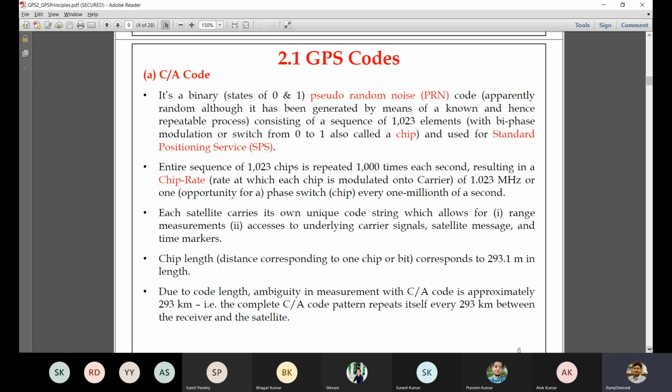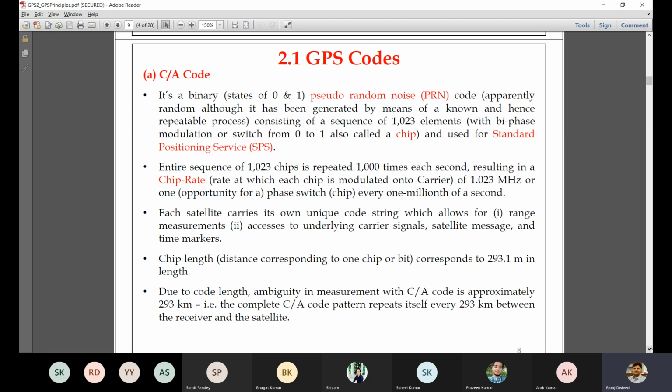The entire sequence of 1023 chips is repeated 1,000 times each second. This is a very beautiful line. So this sequence of 1023 chips is repeated 1,000 times each second, resulting in a chip rate of 1.023 megahertz.